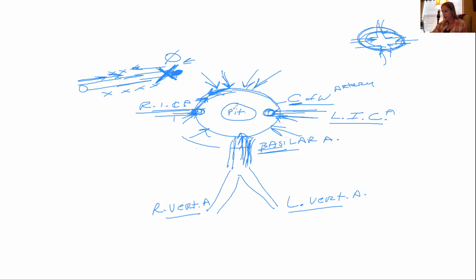So the circle of Willis is the anastomosis. That's where all the blood is coming in. But then is one of those other ones also considered an anastomosis? Read it to me again. I don't remember the question, Diana. It says there are two answers. It says which arteries listed for question 12 are anastomoses, and it says blank and blank.